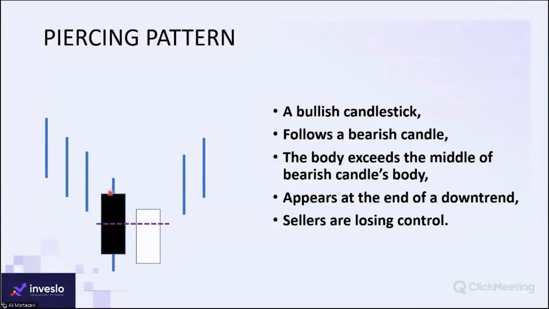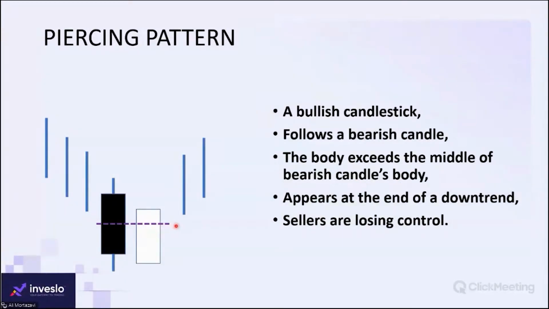It means that after jumping on the market and pushing prices higher, buyers didn't have the strength to push the market higher to cover the whole losses of the previous session. So the body exceeds the midpoint of the bearish candle's body.